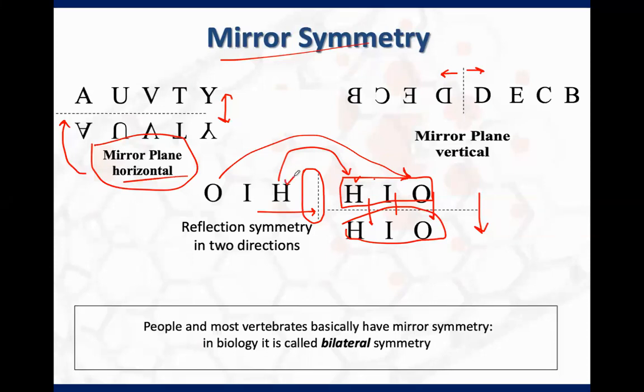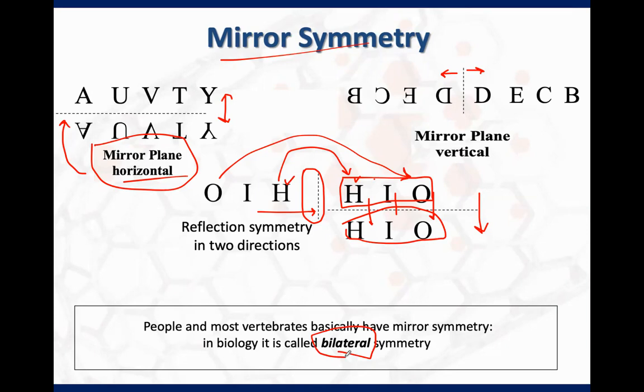So this type of change can happen, but still the object is in symmetric shape. These types of symmetries can also be called bilateral symmetry, not only in biology but in other cases also. So that is mirror symmetry.